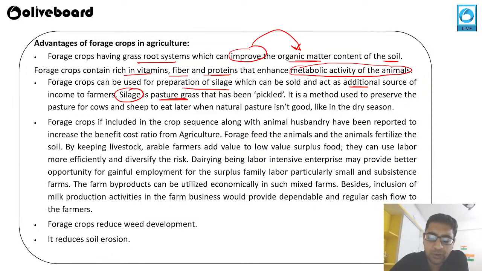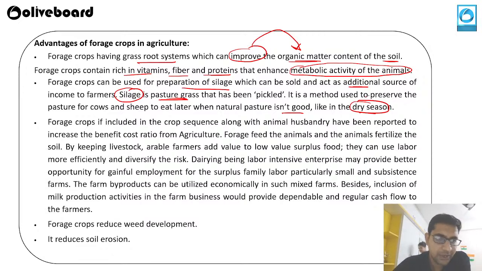What the farmer does, in places like towns or urban areas, is cut that grass and sell it in the market. It is a method used to preserve the pasture for cows and sheep to eat later when natural pasture isn't growing, like in the dry season.